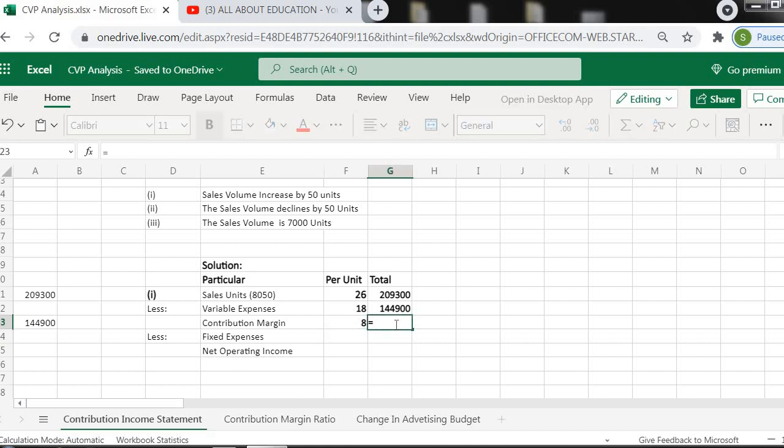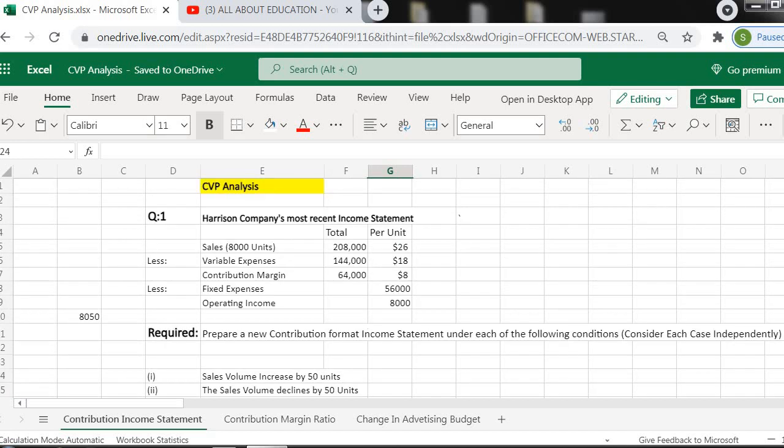Right? To calculate the total contribution margin, we have to deduct 1,44,900 from 2,09,300, right? So what we get? 64,400. This is our contribution margin in total. Now we have to deduct all the fixed expenses.